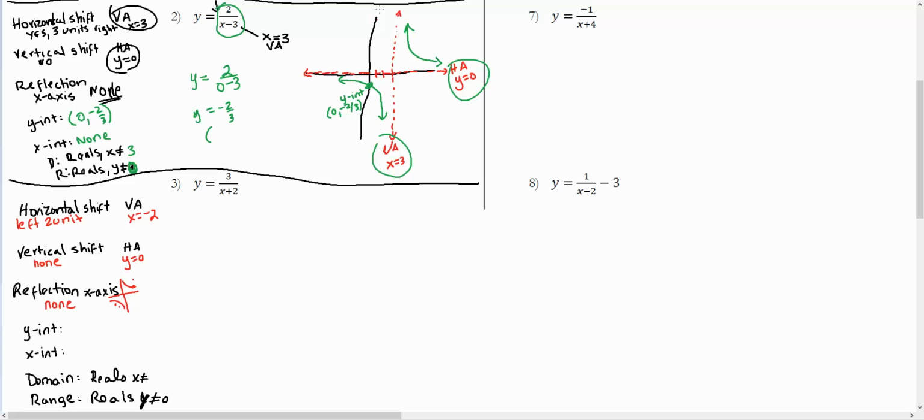All right, then we go ahead and we sketch it. We place the asymptotes at x equals negative 2, so negative 1, negative 2. I'm not going to forget to label VA, x equals negative 2. Horizontal asymptote at y equals 0.